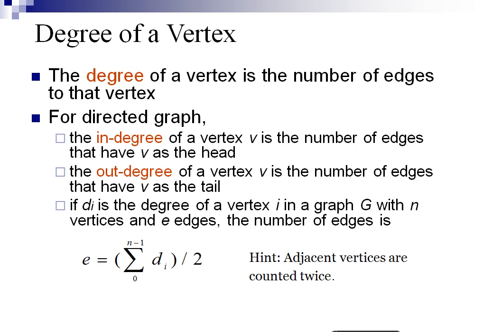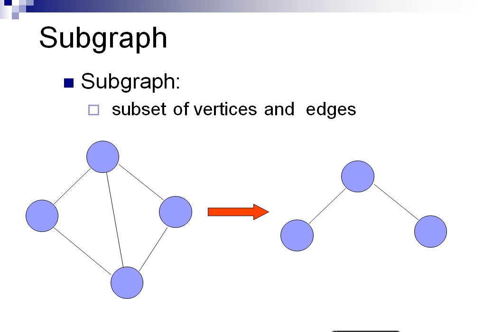So here di gives you the degree of the ith vertex. If you want to calculate the number of edges, you first calculate the degree of each vertex and place it into the formula, and you will get the number of edges. As a hint, adjacent vertices are counted twice here. I hope you understood this concept.